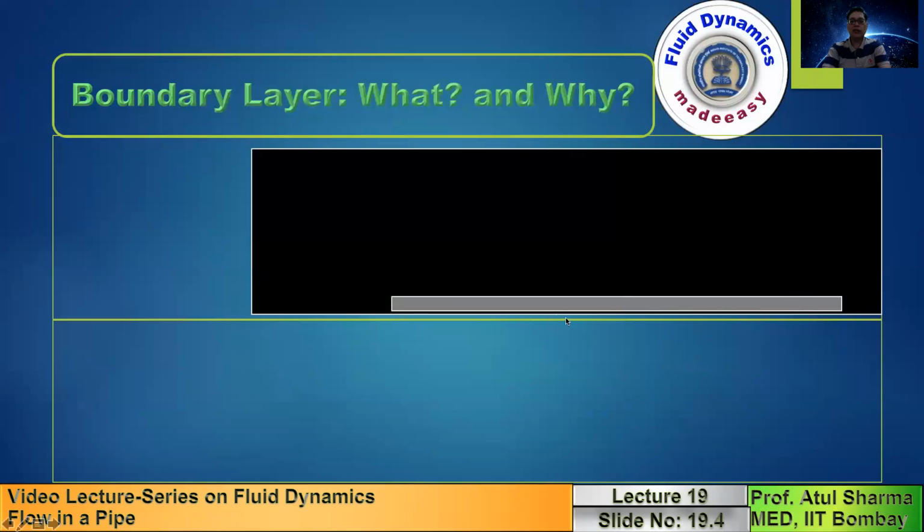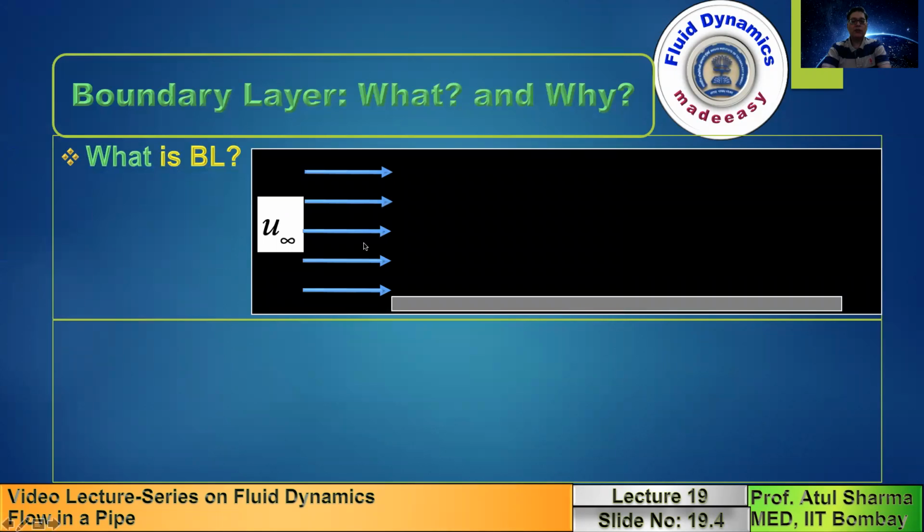Let us consider a solid surface, like a horizontal plate, over which there is a fluid flow. Let us suppose this is the horizontal flow occurring over a horizontal flat plate.